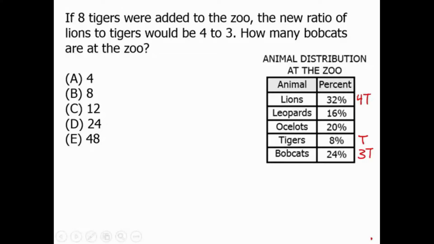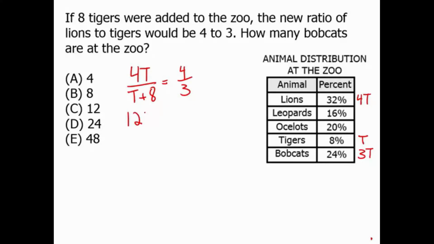So now we get this additional fact that if we add 8 tigers, so T plus 8, the new ratio of lions to tigers, so lions, 4T, to tigers, T plus 8, the new number of tigers, that would be 4 to 3. We get a proportion. Well, cross multiply.